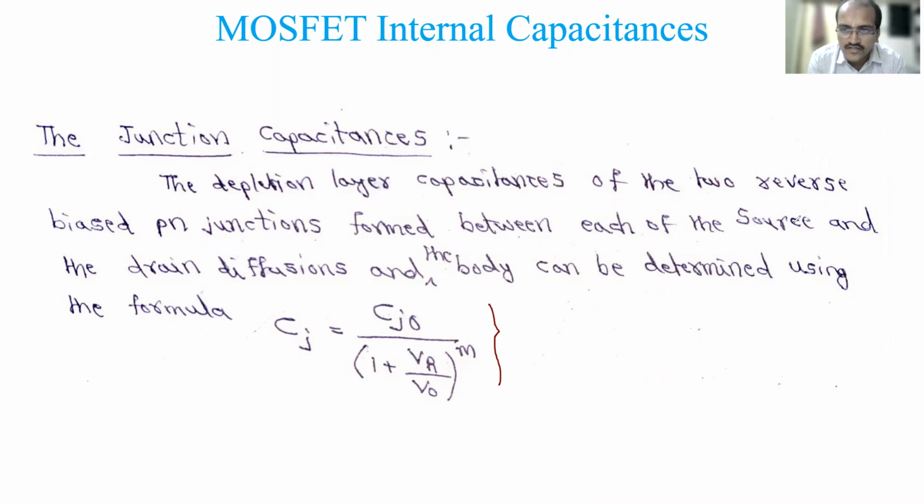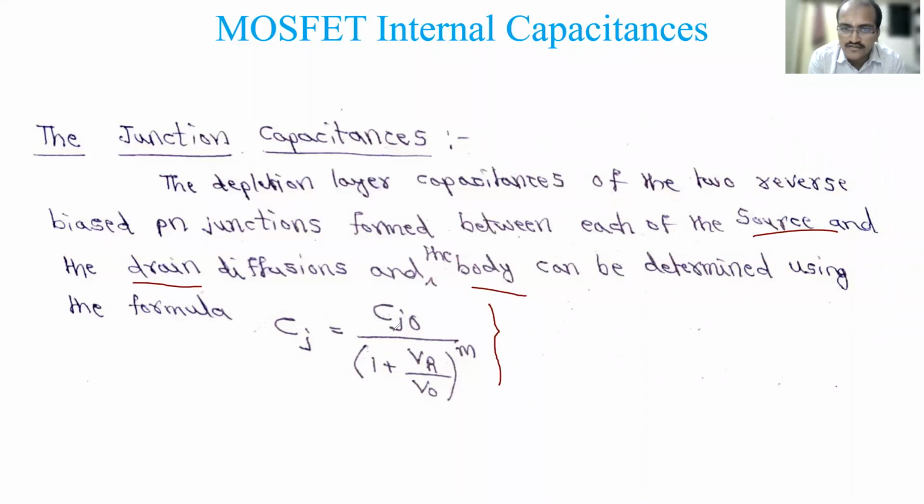There are two n plus diffusion regions in your p-type substrate. In the MOSFET, one is the source and another is the drain. Accordingly we call them source diffusion and drain diffusion, and they are placed above the body, the p-type substrate. Because of that, capacitance will exist during the reverse biased PN junctions, and that will be shown by this formula.